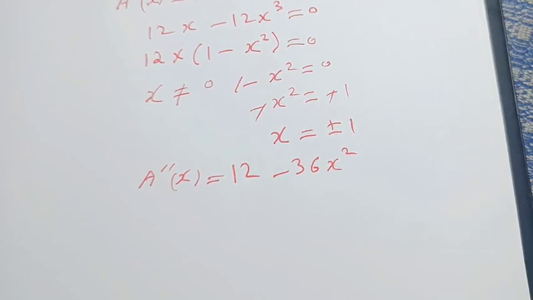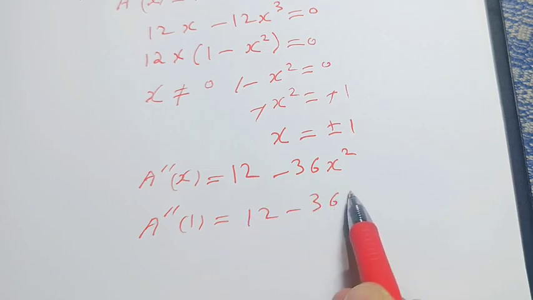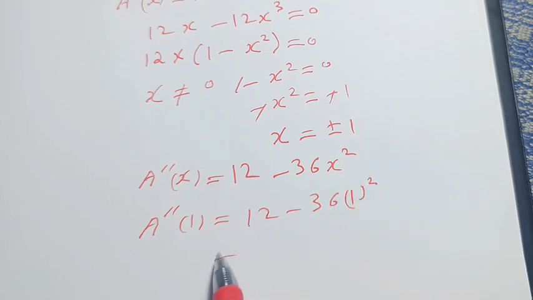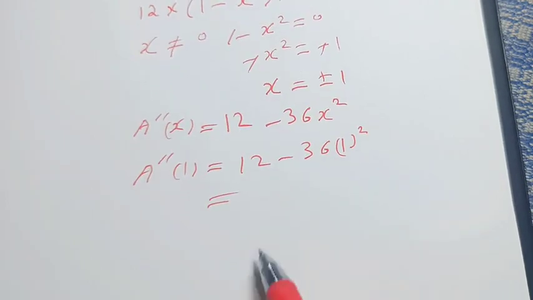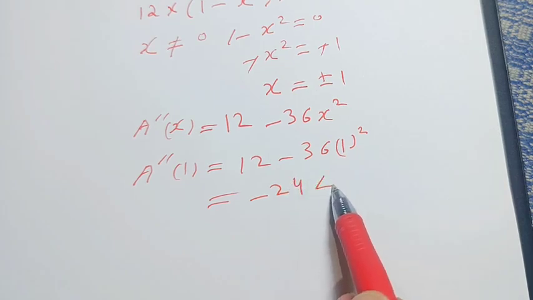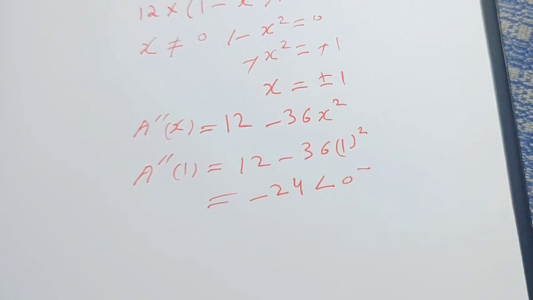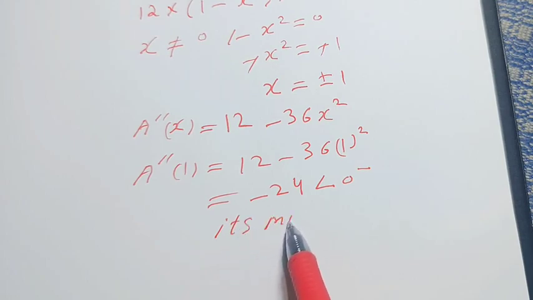Now I'm going to substitute x positive 1 first here. So it's going to be 12 minus 36 times 1 squared. Simplify. The answer is negative 24, which is less than 0, which means my second derivative is negative, so positive 1 is a maximum point.